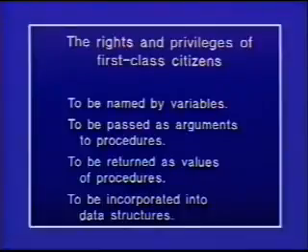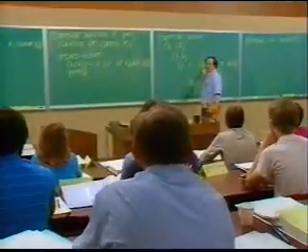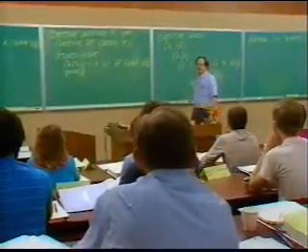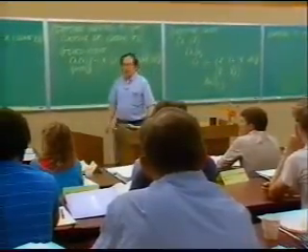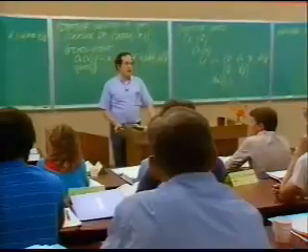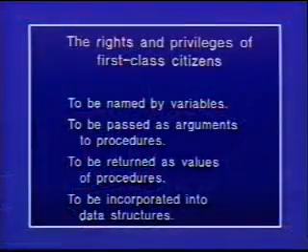The first-class citizens must be able to be named by variables. And you're seeing me doing that all the time. Here's a nice variable which names a procedure which computes something. They have to be passed as arguments to procedures. Well, you've certainly seen that. We have to be able to return them as values from procedures. And I suppose we've seen that.